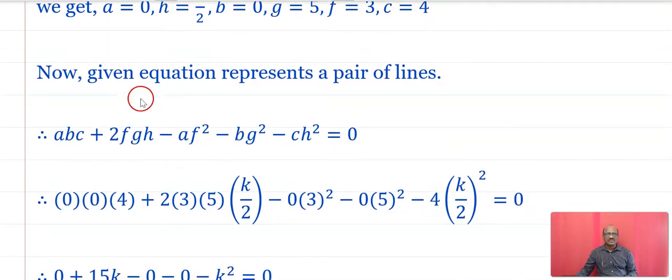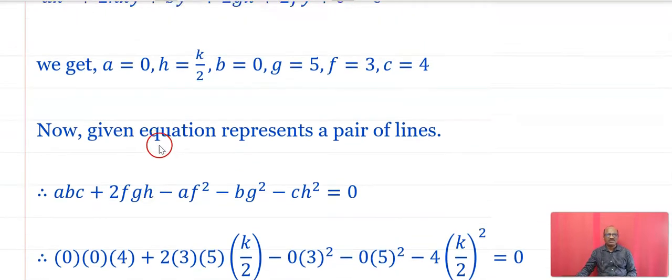Now the given equation represents a pair of lines. It must satisfy this condition. What is that? abc plus 2fgh minus af square minus bg square minus ch square is equals to 0. The product a is 0, b is 0, c is 4 plus 2, f is 3, g is 5, h is k by 2, minus af square, this will become 0, bg square, that will also become 0, minus c is 4 and h is k by 2 bracket square.